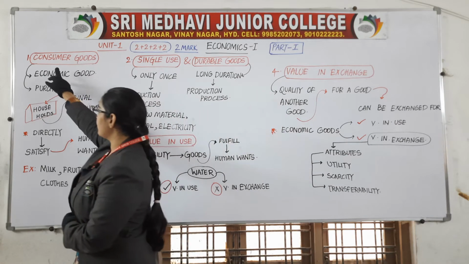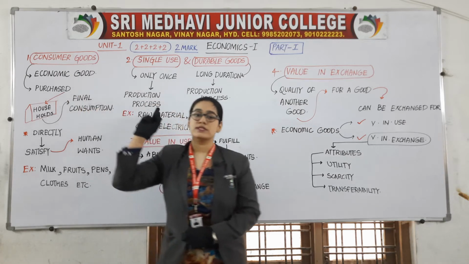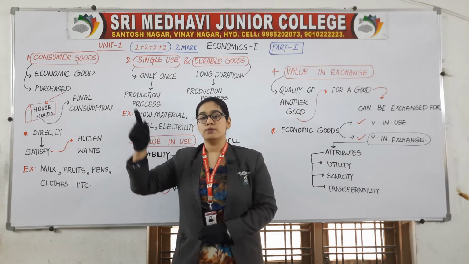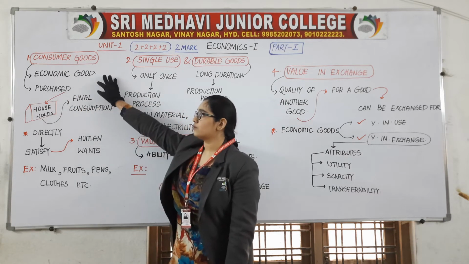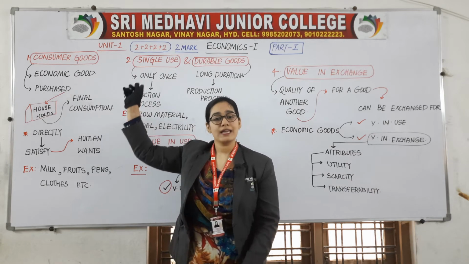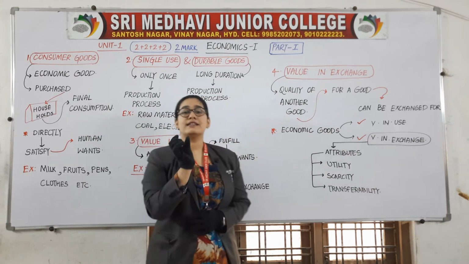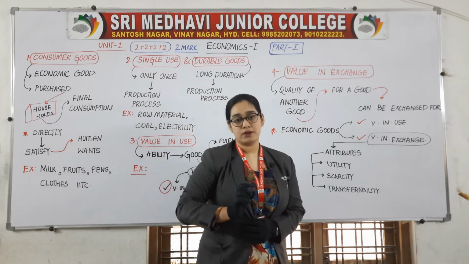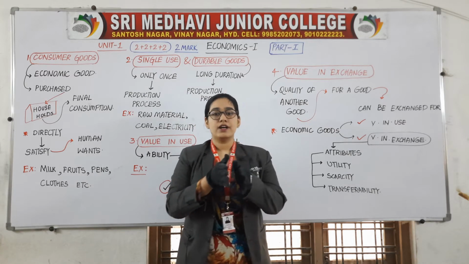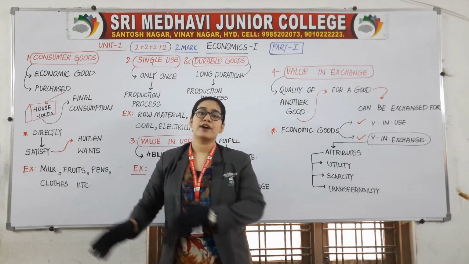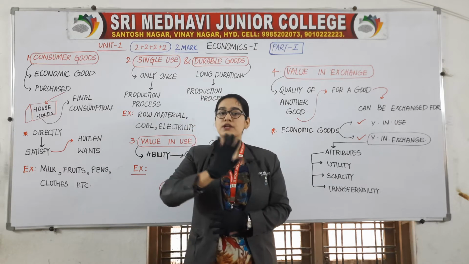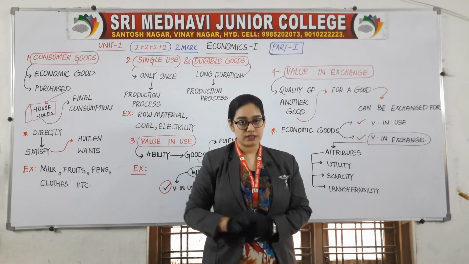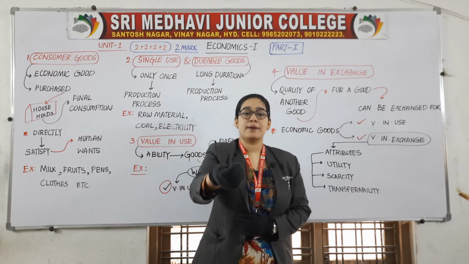So the first one here is consumer goods. Consumer goods are considered to be economic goods. Now let us know the meaning of economic goods first. Whatever good is having some value, like you do not buy it free of cost, you are going to pay some amount.